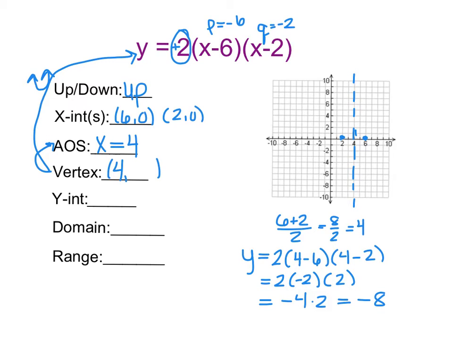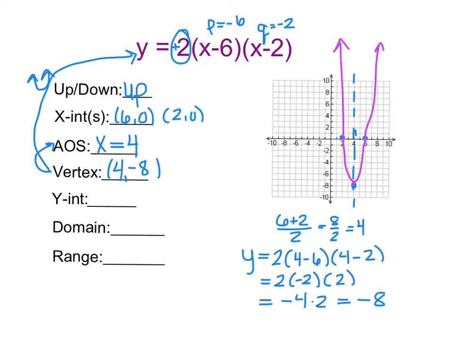So my vertex is occurring at x is 4, y is -8. So I can go to my graph, I can plot that point, and there I at least start to see an outline of what my quadratic function looks like. So I can draw an estimate with my 3 points, and there I at least have some of the key information. So I can see that I have my x-intercepts that are correct. I can see my axis of symmetry and my vertex.